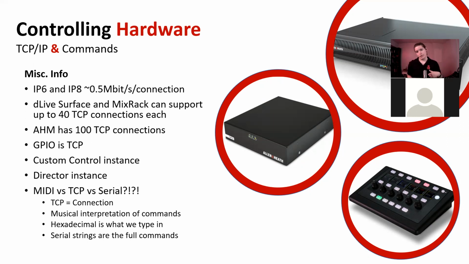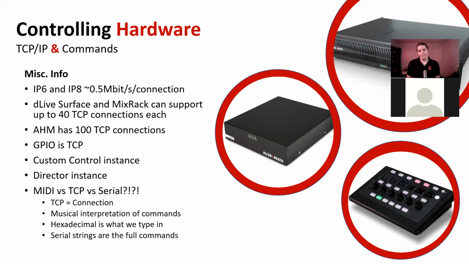The system manager is a TCP connection, just like a DLive director or Avantis director is a TCP connection. Also, our GPIO is a TCP connection. If you didn't know, that's what this middle left picture is, our networkable GPIO, which could be its own mini masterclass.